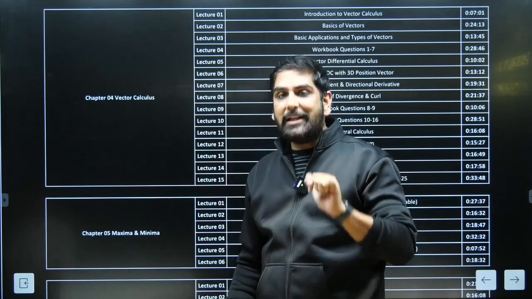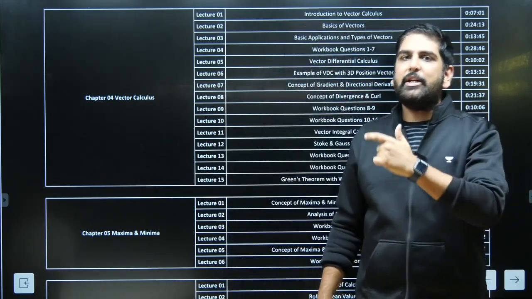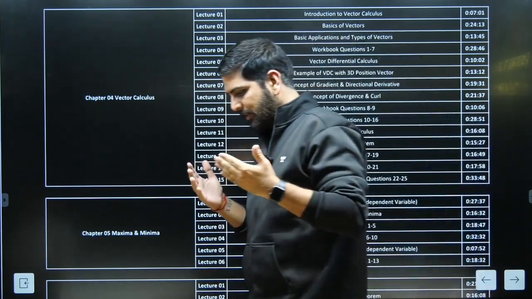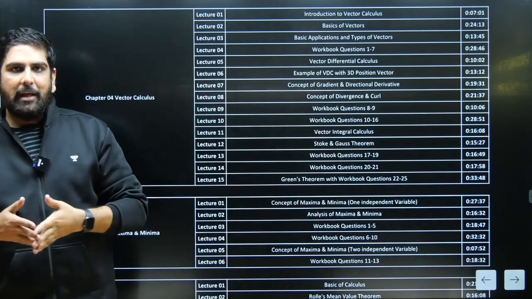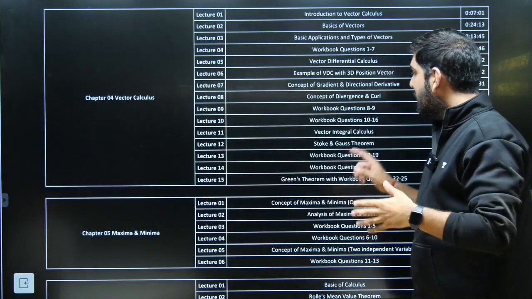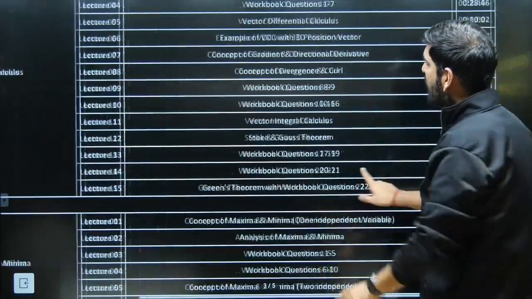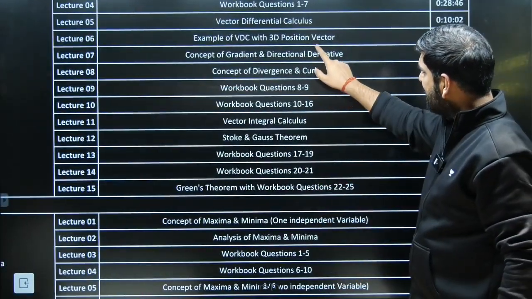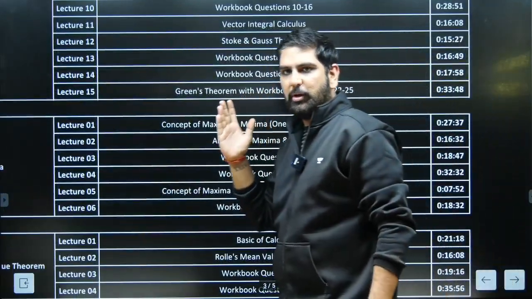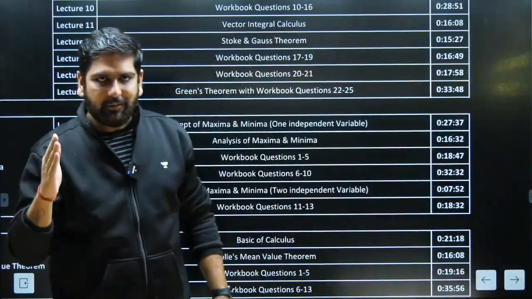Then we are having the relationship between the integrations, the relationship between these three integrations, line, surface and volume, and that is nothing but the theorem, and that theorem is really important. Here we are having the theorems: Green's theorem, Stokes' theorem, and Gauss divergence theorem.